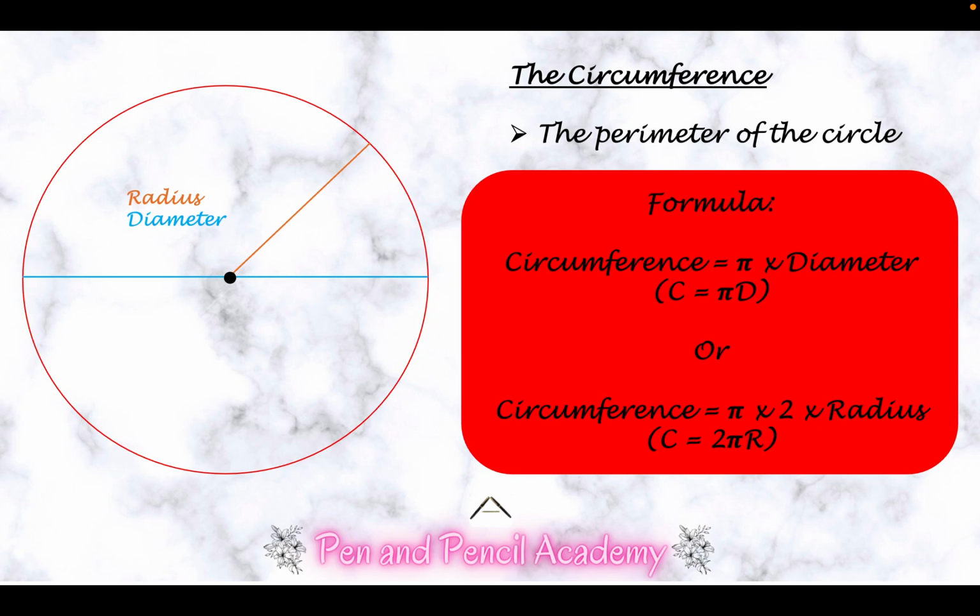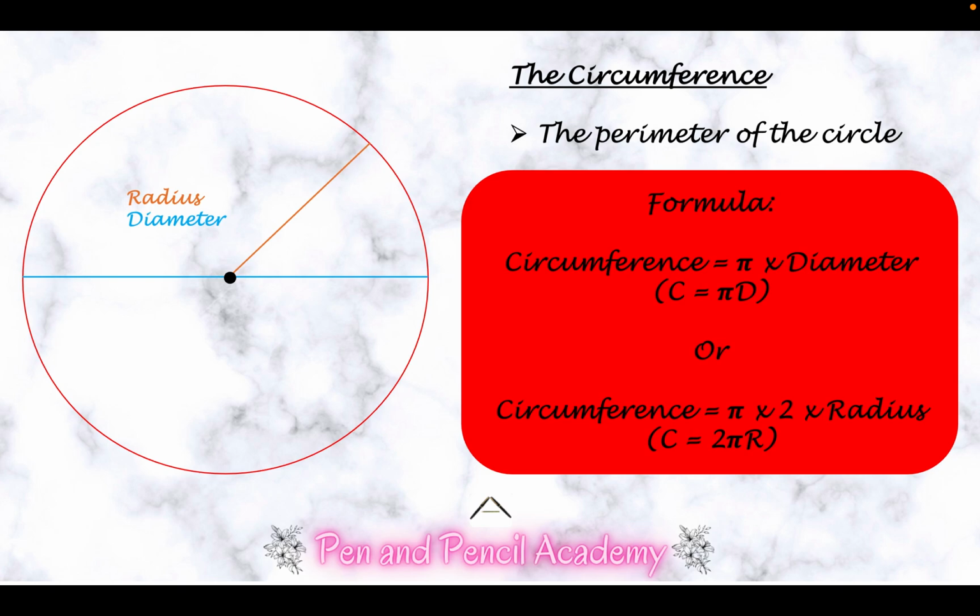And the other way you can find it is by doing pi, again, times 2 times the radius. Now the reason you can do this is because, remember, as I said right at the beginning, the radius is half the diameter. So you're basically just still multiplying it by the diameter, but let's say, for example, you're only given the radius, you can use this second formula.